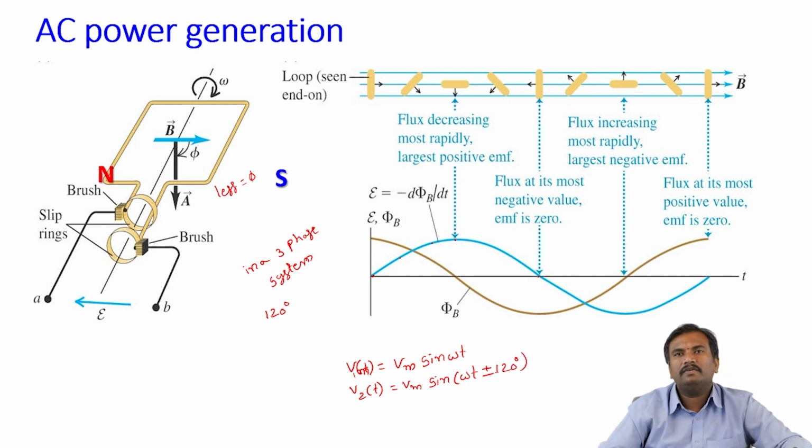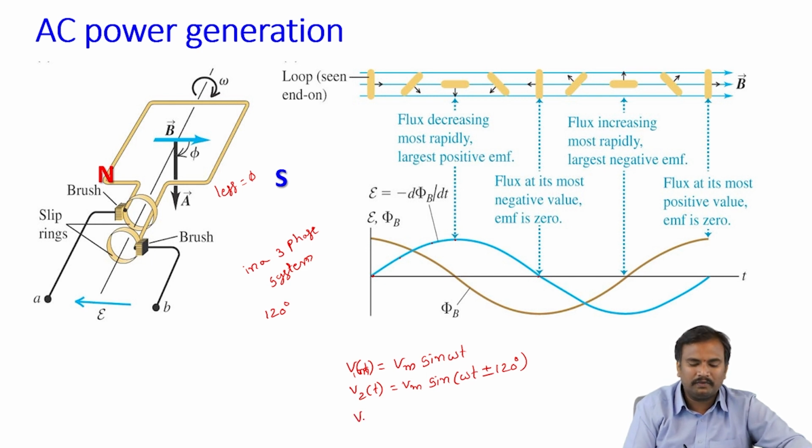Every wave in the three-phase system is displaced by an angle of 120 degrees. V3 of t is equal to Vm sine of omega t minus 240 degrees.